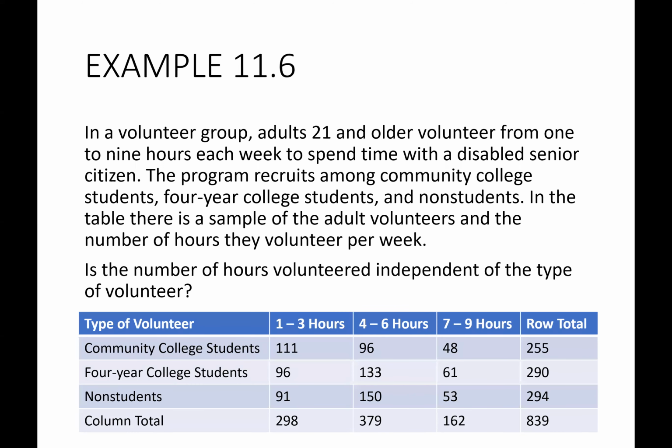Okay, so here we go. These problems take longer than any of them because of all the calculations you have to do. However, you can let your calculator do these calculations for you, and I'll show you what I mean in just a second. In a volunteer group, adults 21 and older volunteer from 1 to 9 hours each week to spend time with a disabled senior citizen. The program recruits among community college students, four-year college students, and non-students.